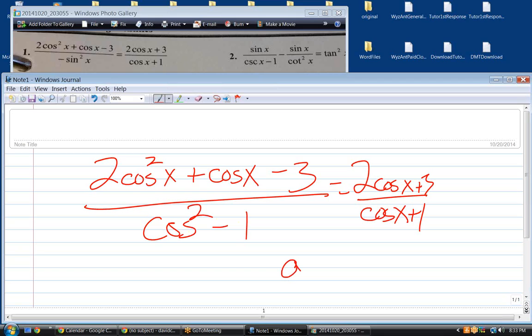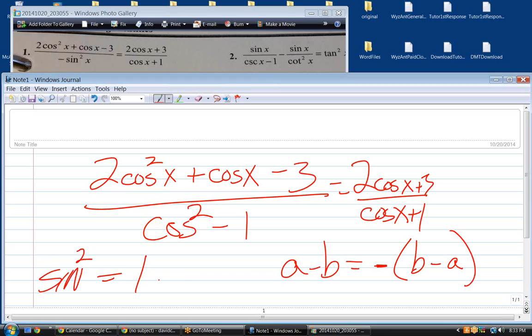In other words, a minus b is always equal to the negative of b minus a. Good thing to remember. So sine squared equals 1 minus cosine squared, so negative sine squared equals cosine squared minus 1. Just reverse the order.